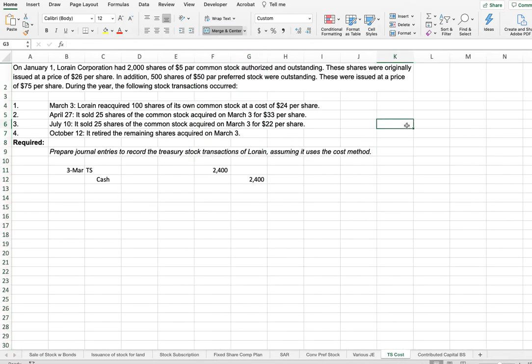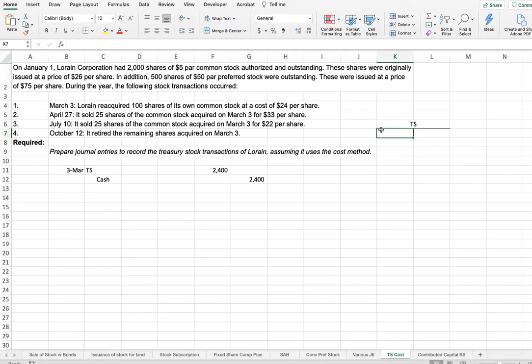I'm also going to create T accounts over here on the side for our treasury stock so that we can just keep track of this. It's really important, especially for treasury stock transactions, because we start selling the shares that we've purchased.